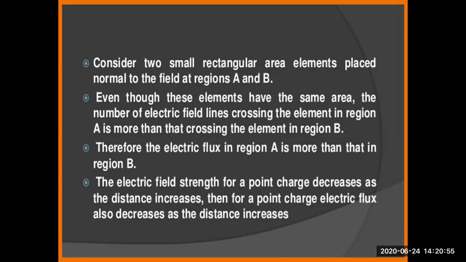So these are the few points. If you join all these points, you will get a crystal clear picture about this topic: what the nature is, what the relationship is, what factors it depends upon, and how much strength we are measuring of this electric flux. So anyhow, we are moving to the next slide.